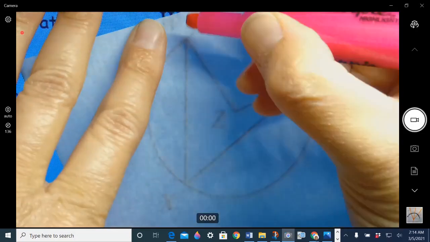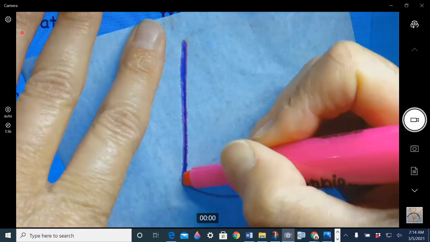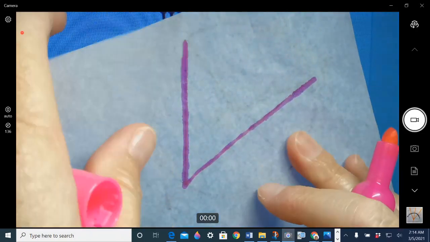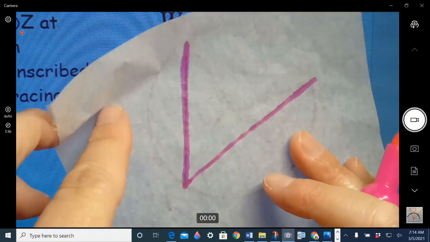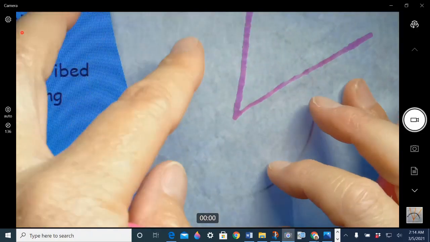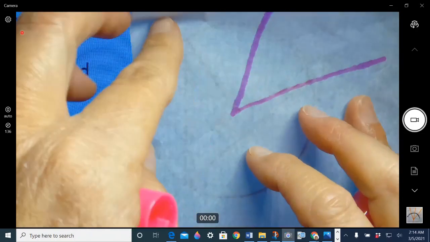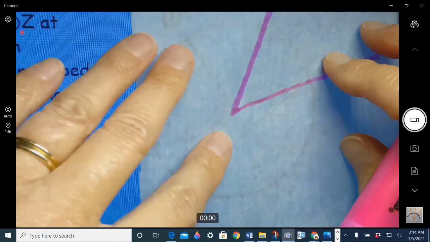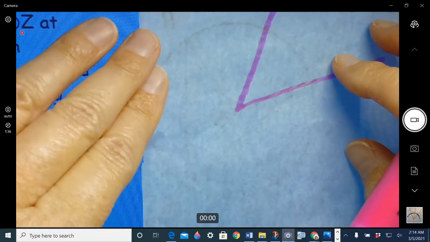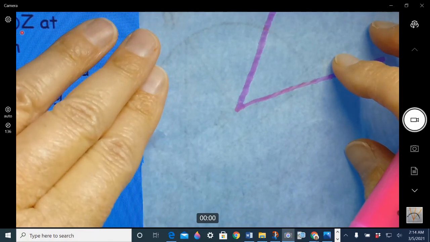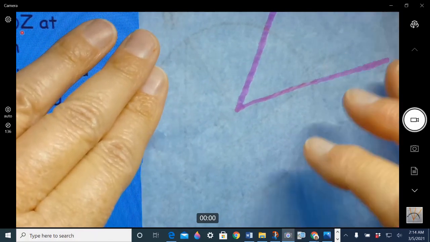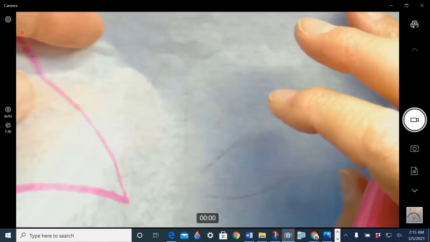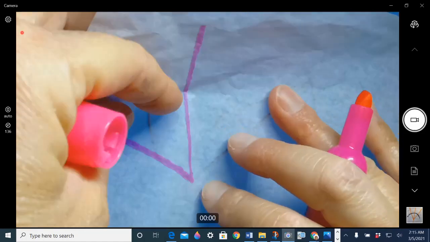I'm going to see if it is the same as angle Z. And I see it is not the same. Angle Z is bigger. So what I'm going to do is take this and get another one of these.